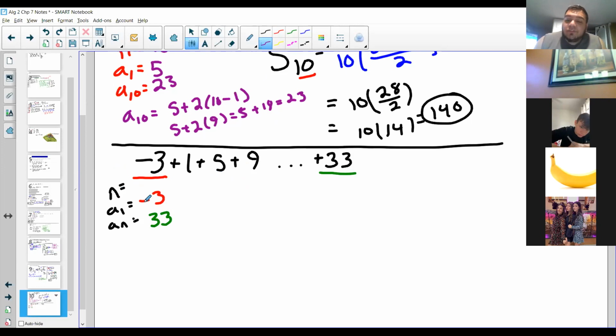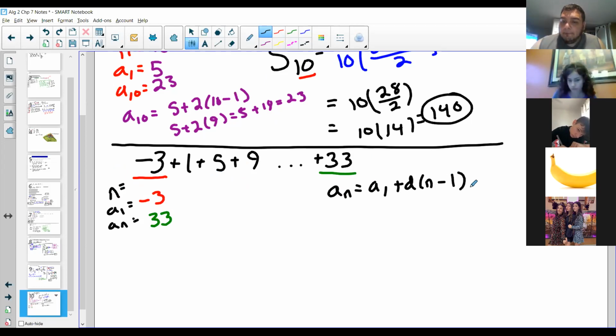So we're going to have to go to our trusty formula: an equals a1 plus d times n minus 1. Now, why would I need that for n? Well, I don't know what my n value is.